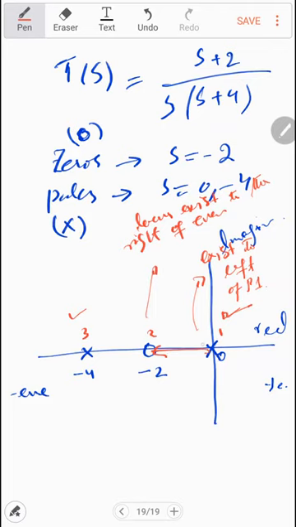So you see, the locus exists to the right of the even and to the left of the odd number of poles, and it starts from the pole and ends at the zeros. This zero is finite if the other zero is not known.